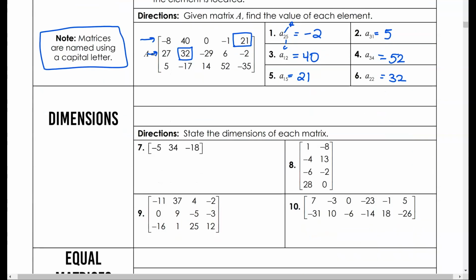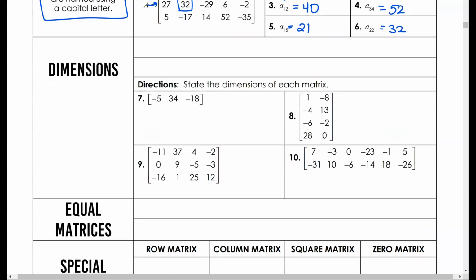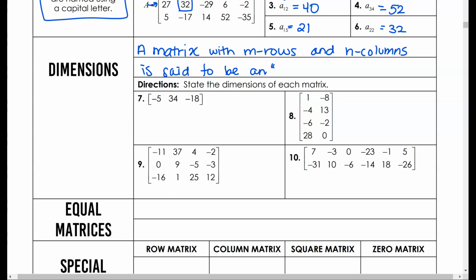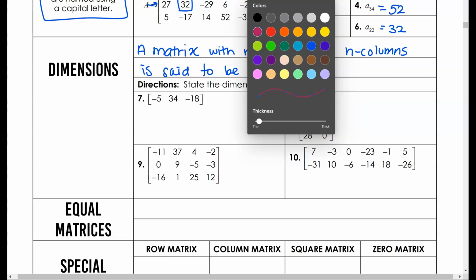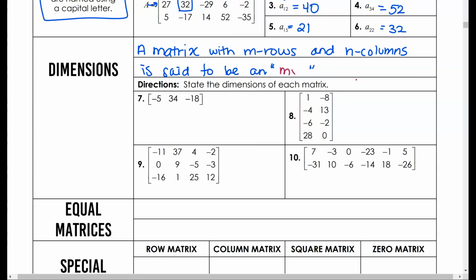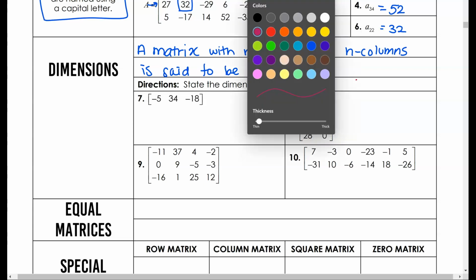All right, let's talk about dimensions here. A matrix with m rows and n columns is said to be an M by N matrix.